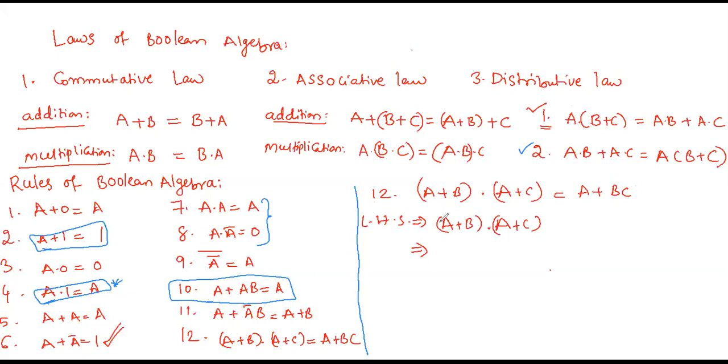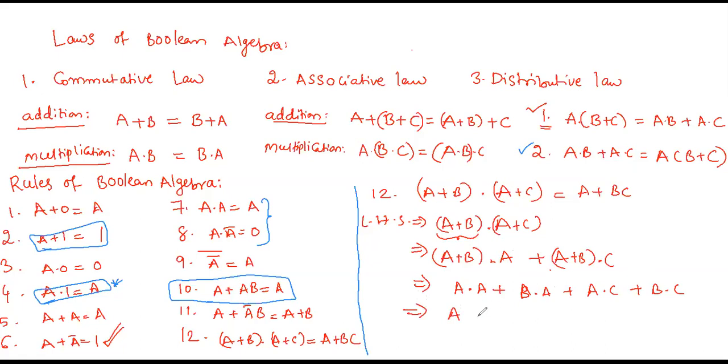If you consider this one as a single variable, you can do the multiplication: A plus B into A plus A plus B into C. Again do the multiplication: A into A, B into A, plus A into C plus B into C. A into A is nothing but A only.